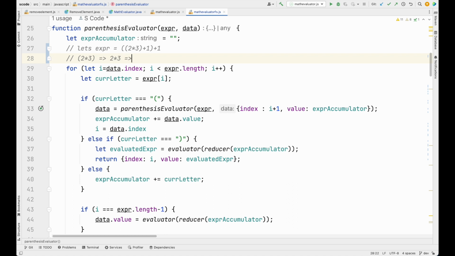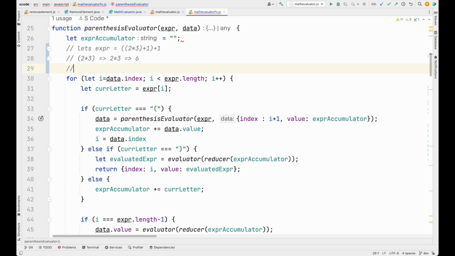So this is going to give us 6. Once we have an answer for that expression, the original expression is now going to look something like this: 6 plus 1, close parentheses, plus 1. So as you can see, the 2 times 3 in parentheses got substituted with the answer, which is 6.